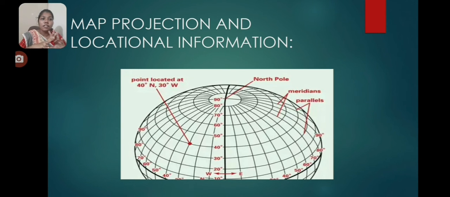So projection is done that way. For locational information and map projection, latitudes and longitudes are very important. In a map, latitude and longitude is very important, and you all have to know that.